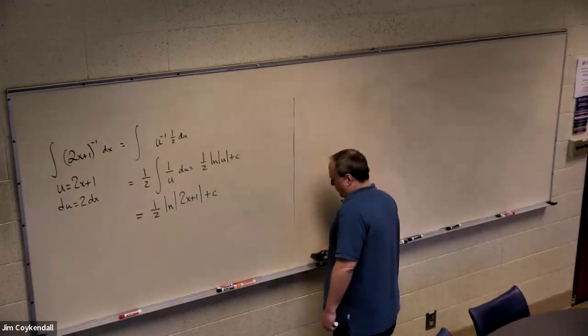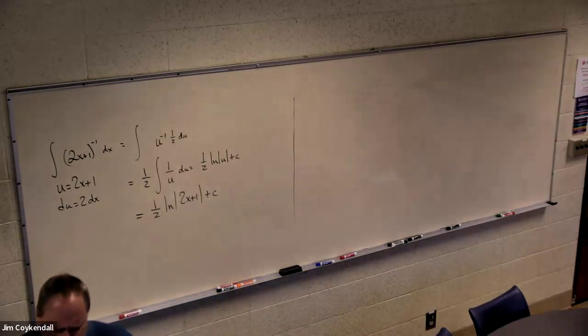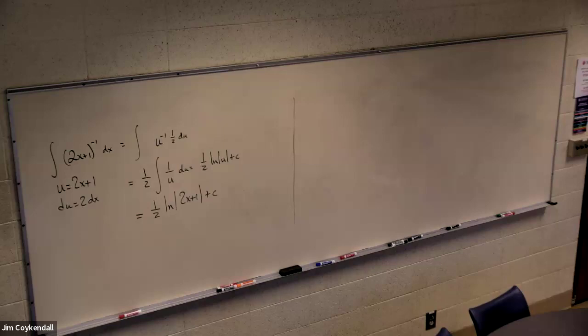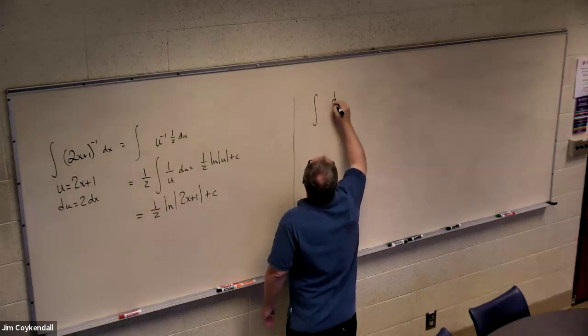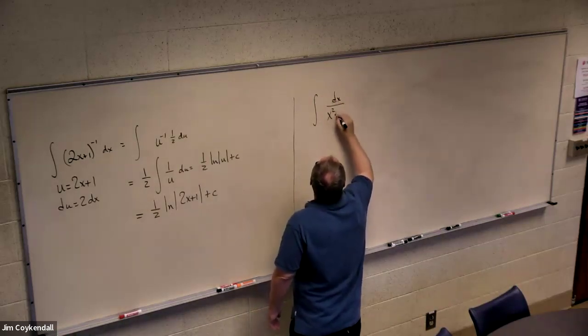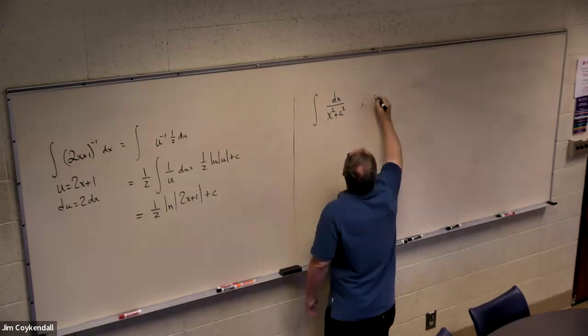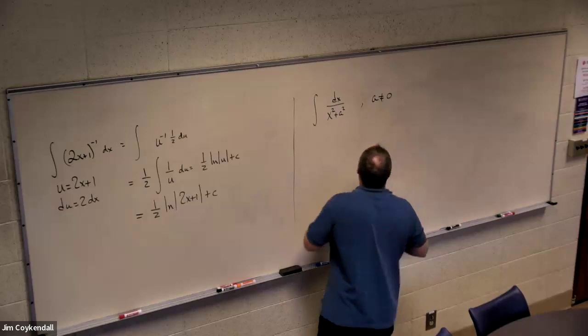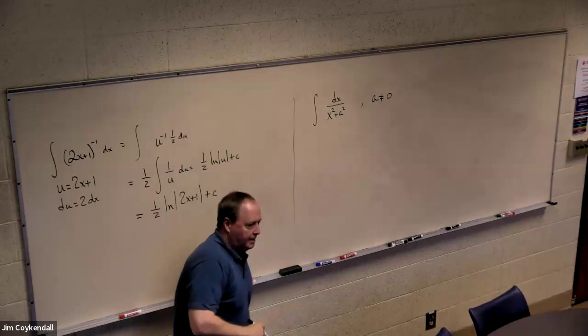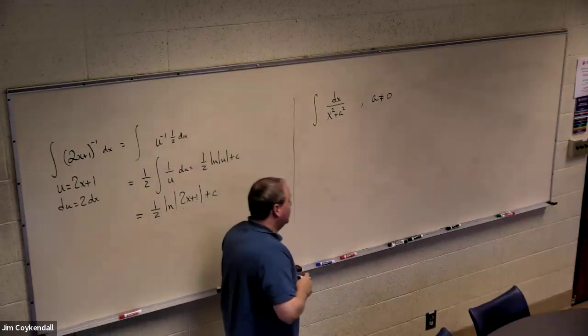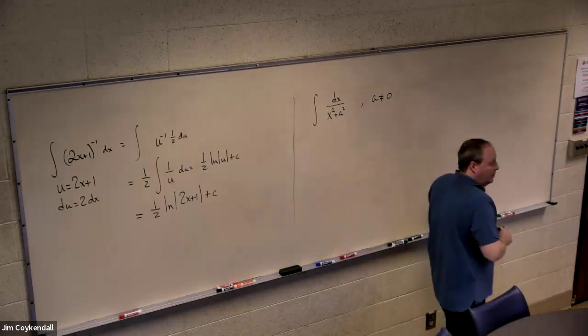Okay, so let me give you some examples where you might have to think about it a little bit more. What if we have the integral of dx over x squared plus a squared? There's one value of a where you already know the antiderivative.